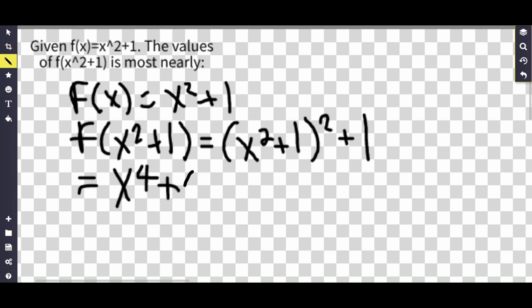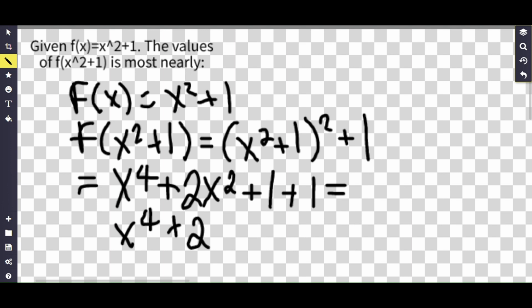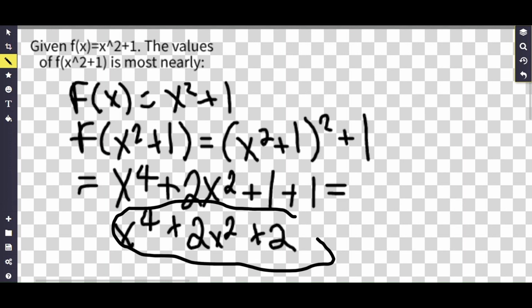And so you're left with x to the fourth plus 2x squared, then we do plus 1, which ends up giving you x to the fourth plus 2x squared plus 2. Obviously this can be simplified, but for our answers, this works beautifully.